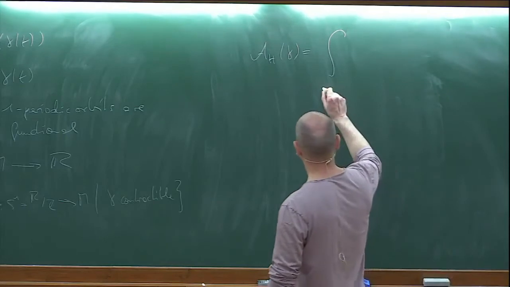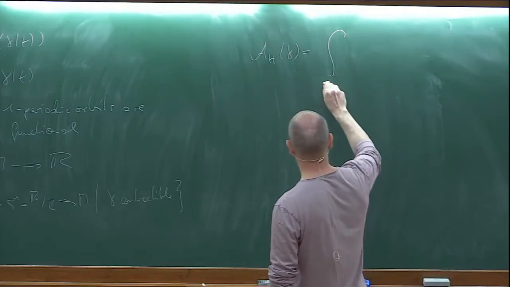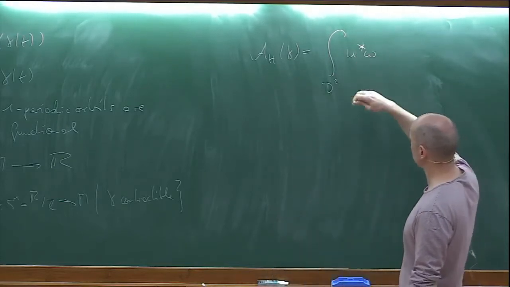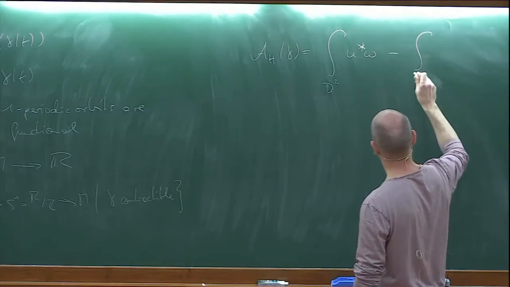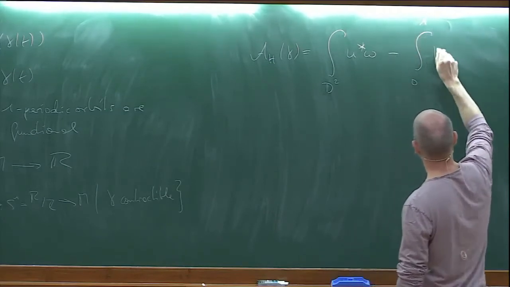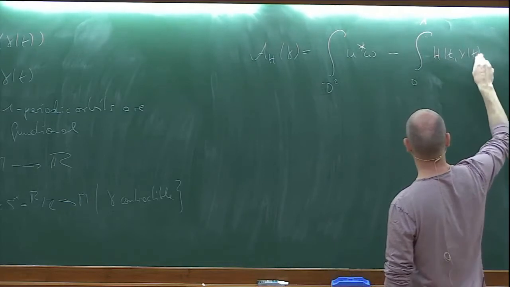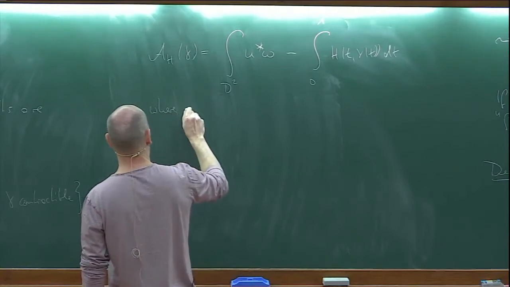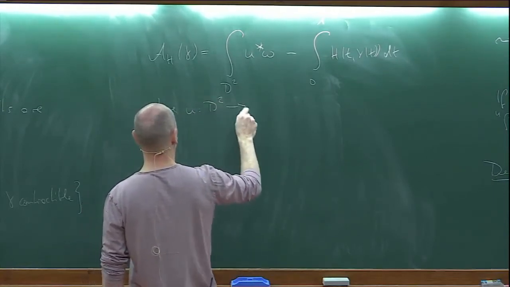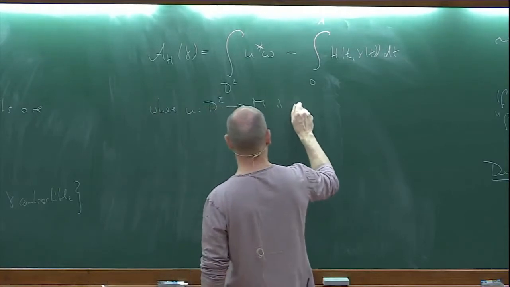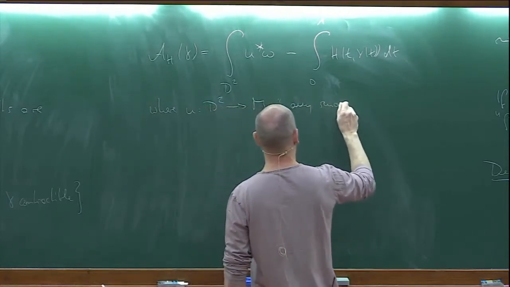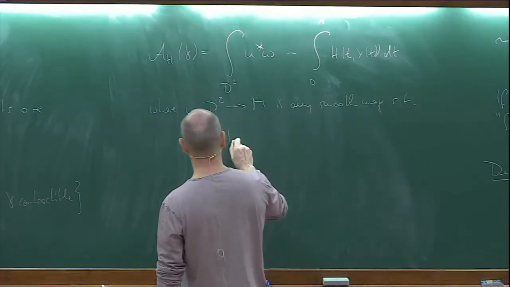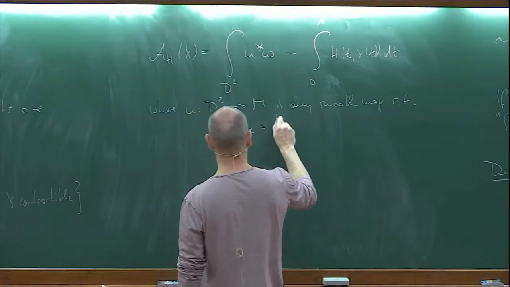And so I can take the integral over the disk of the symplectic form, pulled back by u, and then I can subtract the integral from 0 to 1 of H_t of gamma(t) dt. That's going to be my functional, where u from the disk into M is any smooth map such that u restricted to the boundary of the disk is equal to gamma.